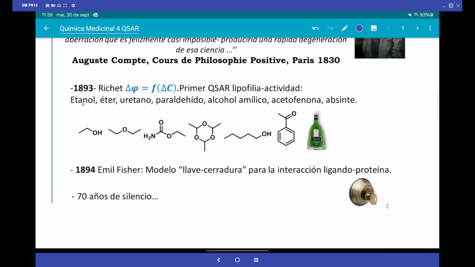And of course what they did was determine that at greater lipophilicity, greater depressive activity of the central nervous system, that was basically the focus, greater depression of the neurotransmission. 1893, in the early 1900s.